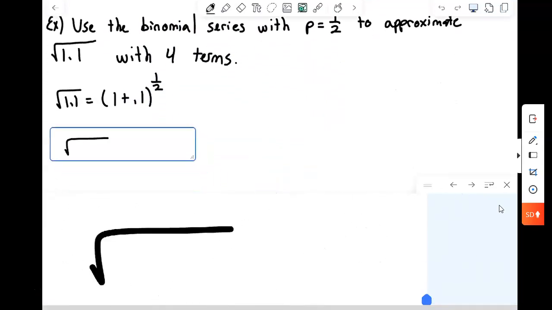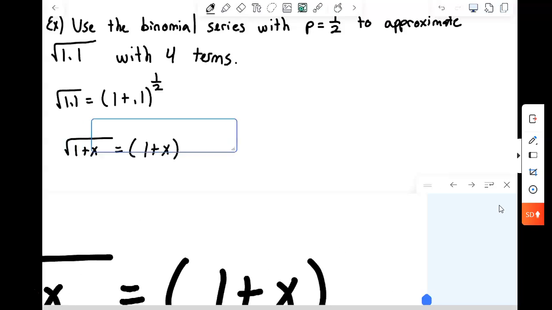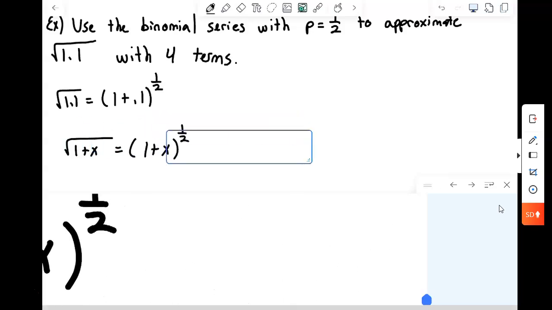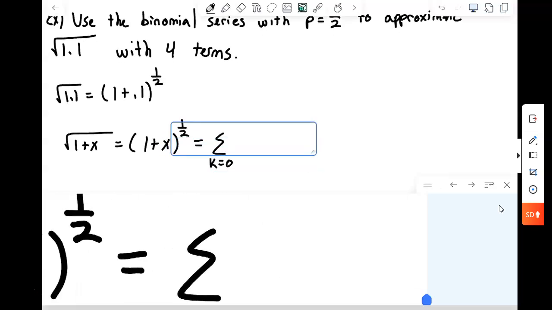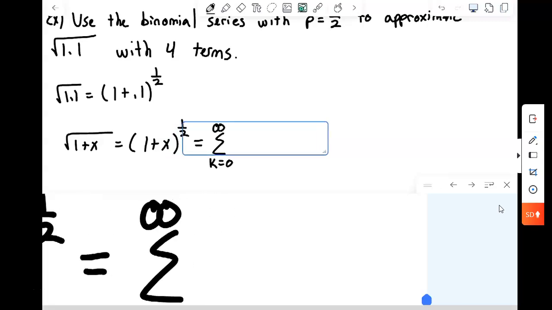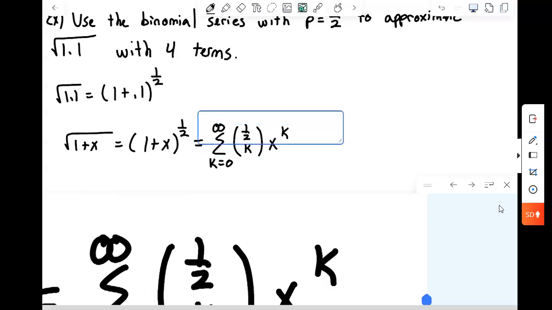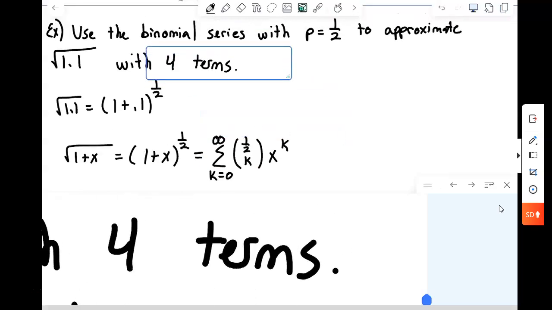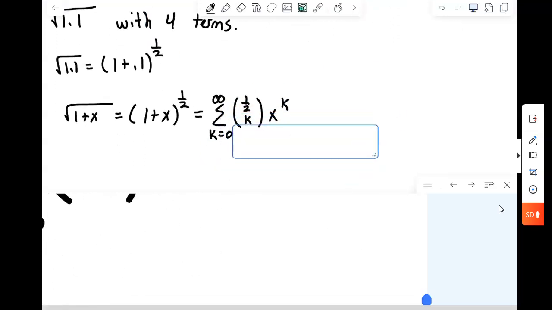So the square root of 1 plus x, we can think of as 1 plus x to the 1/2, which using the binomial series would be the sum as k goes from 0 to infinity of 1/2 choose k, x to the k. We want to approximate this with 4 terms. So the first 4 terms of our series now, right, so k equals 0, 1, 2, and 3.